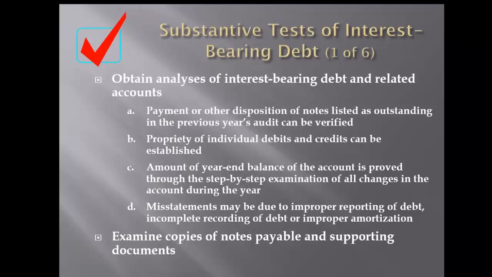The propriety of individual debits and credits can be established. The amount of year-end balances of the account is proved through the step-by-step examination of all changes in the account during the year. Misstatements may be due to improper reporting of debt, incomplete reporting of the debt, or improper authorization or amortization.